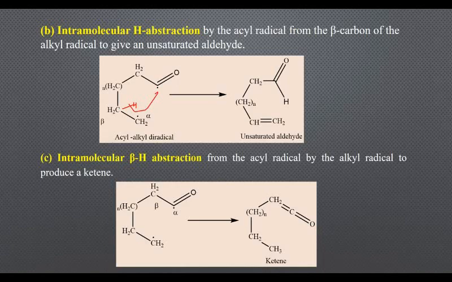And similar to the previous one in acyclic ketone, there can be intramolecular beta hydrogen abstraction from the acyl radical by the alkyl radical. If one hydrogen from this beta carbon is abstracted by this alkyl radical, then the ketene is formed. Here the ketene is formed.